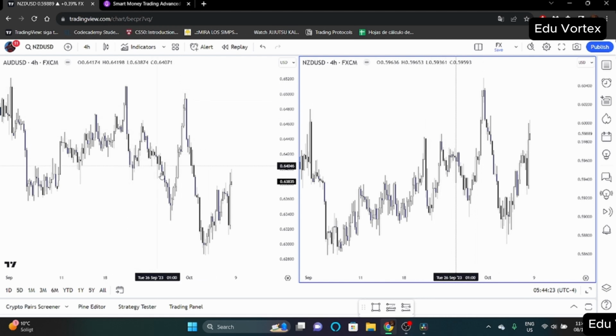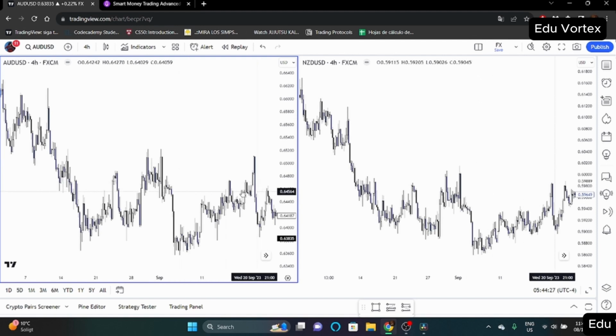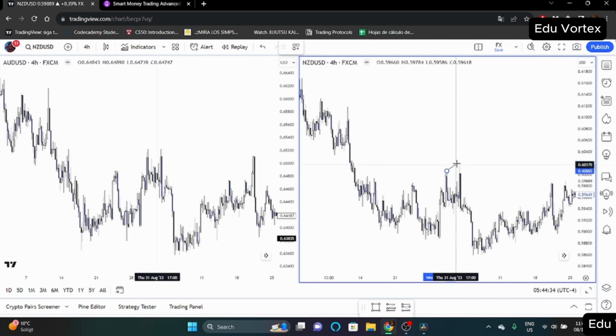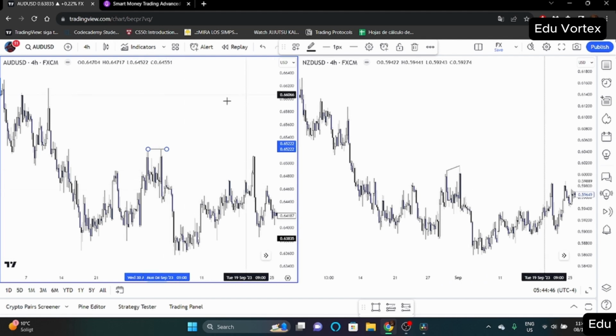Boom, boom, boom. Okay? Here they're correlated, but look at this. The sick pair takes this high, and this doesn't. This has equal highs. Okay? And look at the fall. Look at this huge fall.